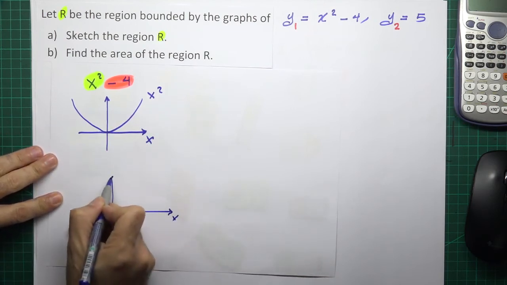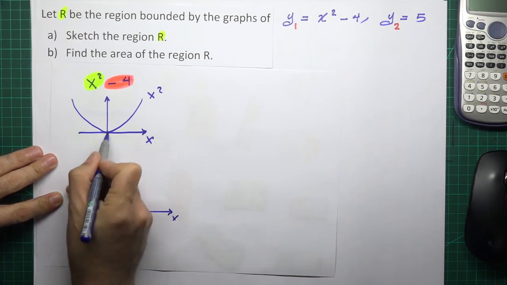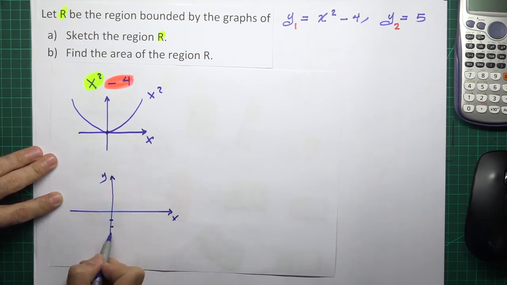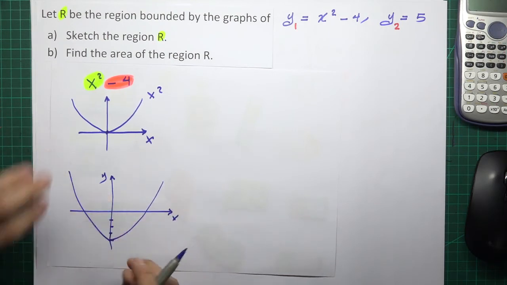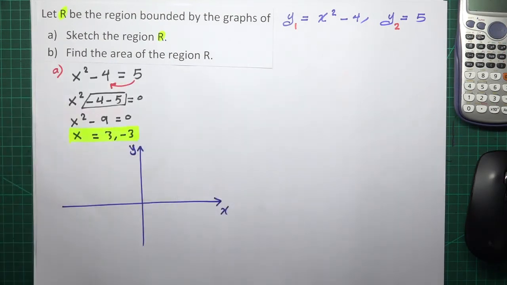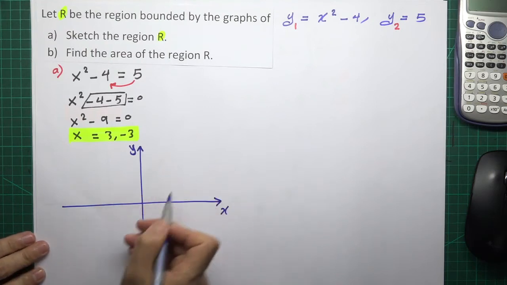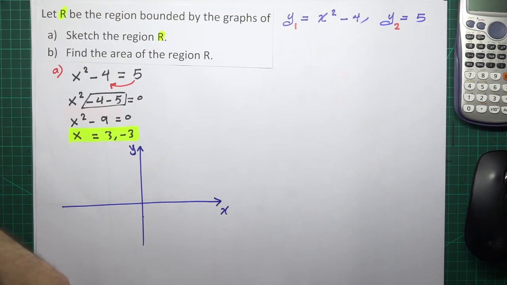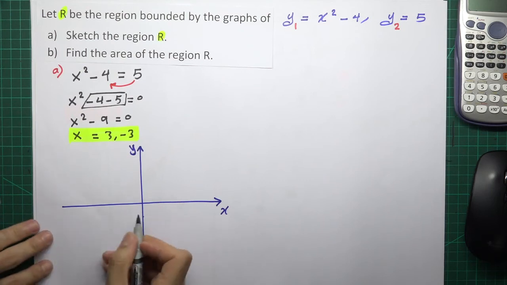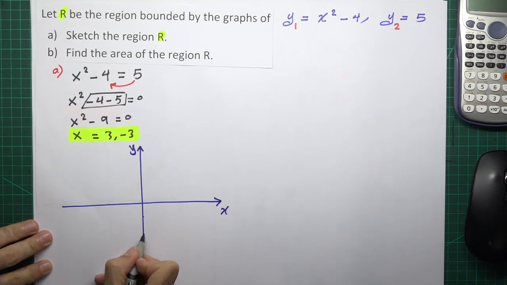This is x, this is y, this is 0. If you shift by minus 4, it will be something like this. So x squared minus 4, and it does not matter whether you put the minus 4 here or here, it's up to you.